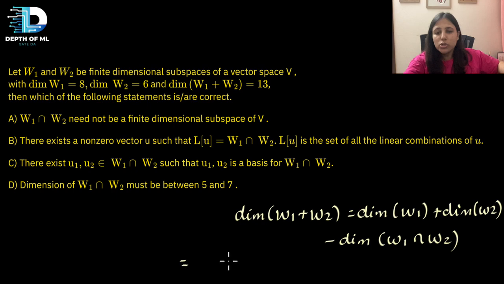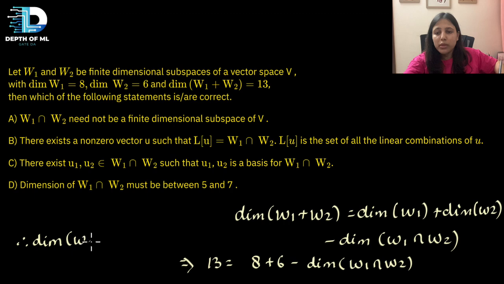I can, right? This is a simple mathematical equation. You have to put the values. So 13 is equal to 8 plus 6 minus the dimension of W1 intersection W2. So this is 14 minus 13, which is 1. Therefore, the dimension of W1 intersection W2 is actually 1.